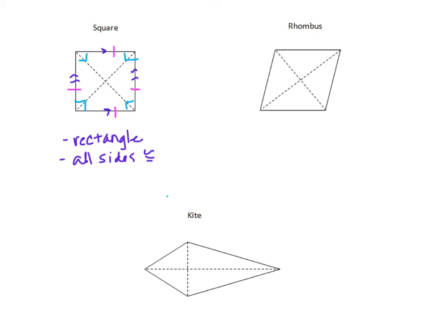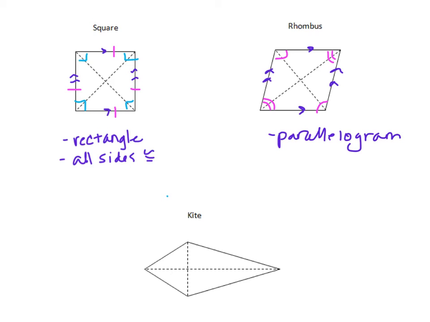Alright, so a rhombus is a parallelogram, and it follows all of our parallelogram properties. So we've got opposite sides are parallel, and let's see what else. Opposite angles will be congruent, just like in a parallelogram.